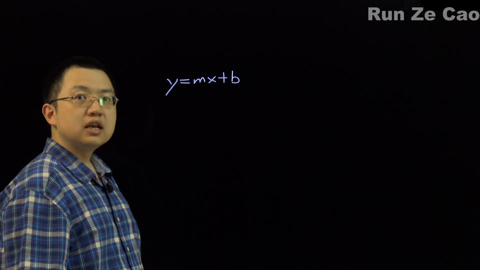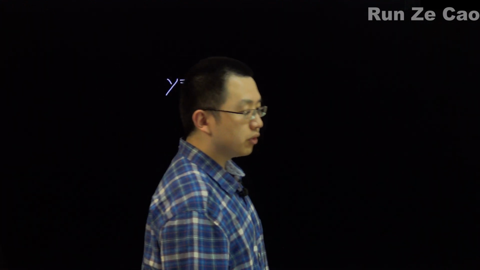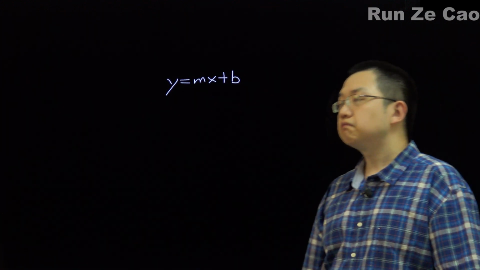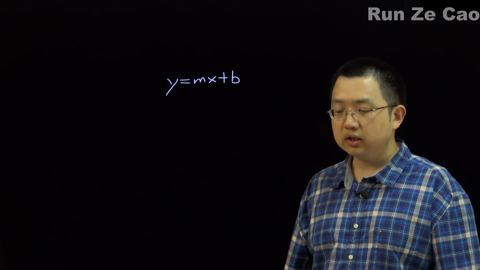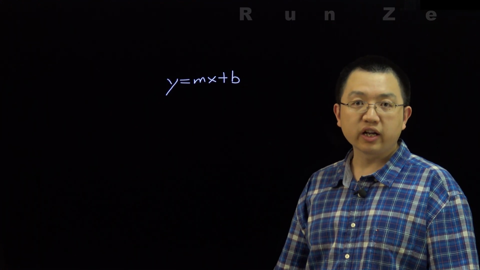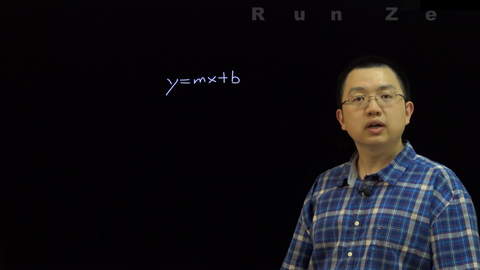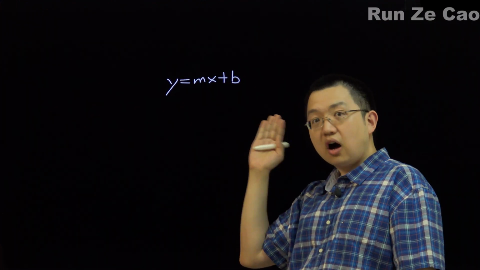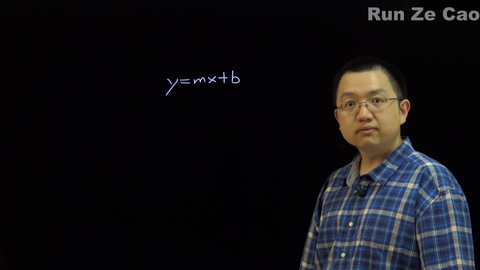Unfortunately, unless we use computer software or a graphing calculator, we don't do linear regression until much later, which is why I only showed you guys that, hey, lines of best fit are linear functions.